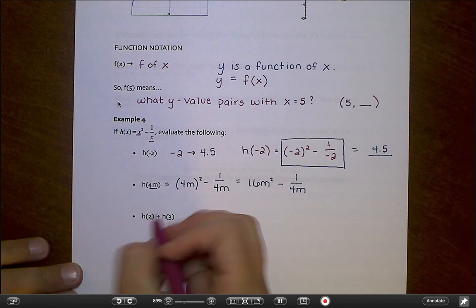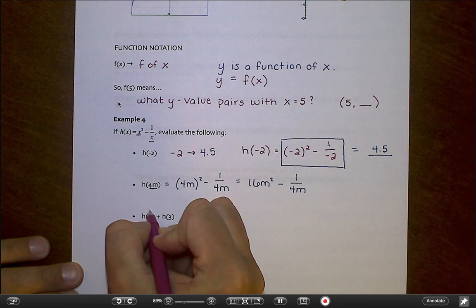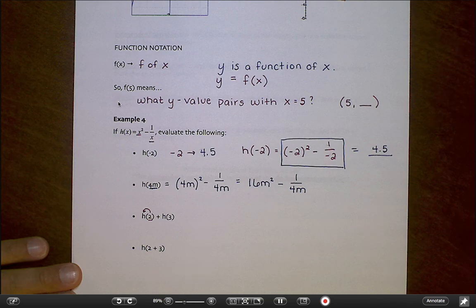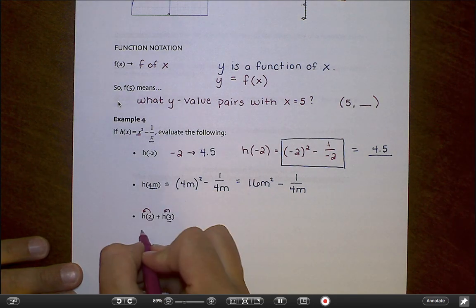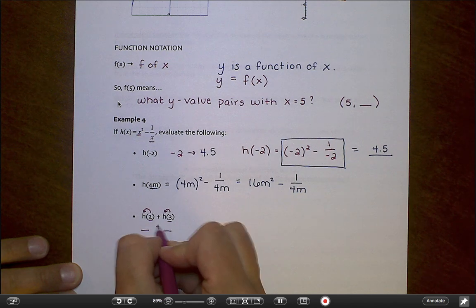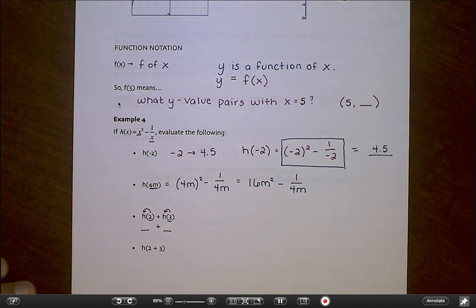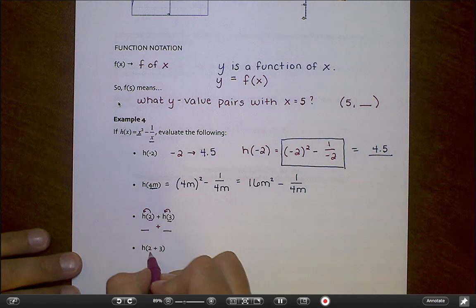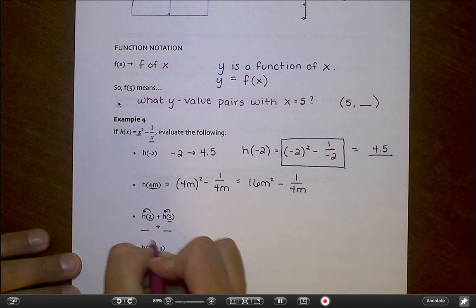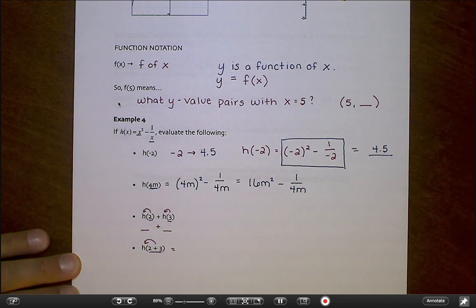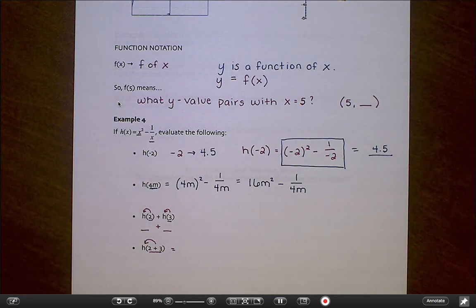This one is saying take 2, plug it into the function, get the answer. Take 3, plug it into the function, get the answer. And then take those two answers and add them together. This one is saying take the 2 and the 3, add them together first, and then plug that into the function and get the answer. Okay? So there's a difference.